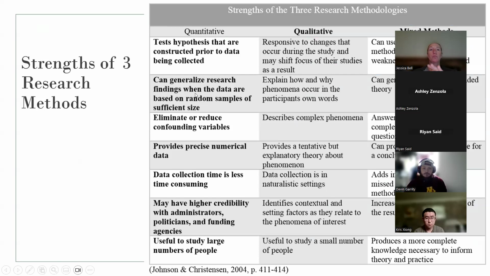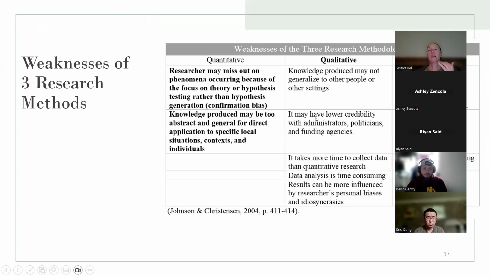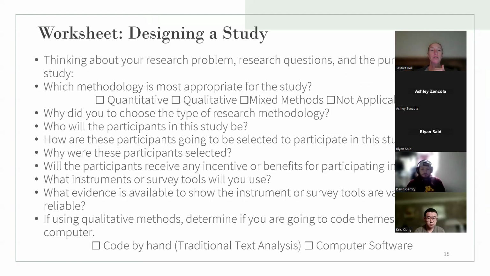I won't go over these, but this shows different strengths of quantitative, qualitative, and mixed methods. It talks a lot about sample size, variables, what type of data collection it is, things like that. This goes over the weaknesses of quantitative, qualitative, and mixed methods.